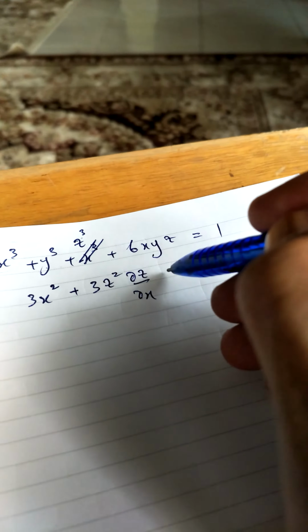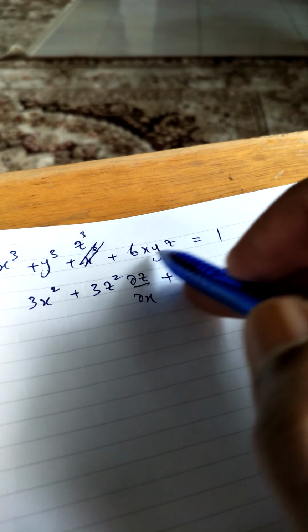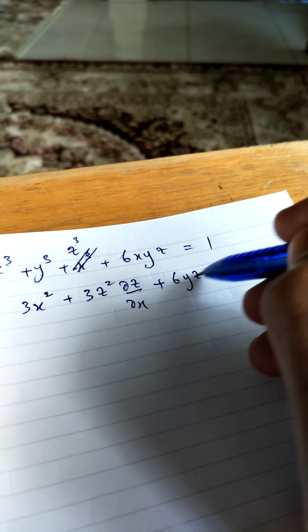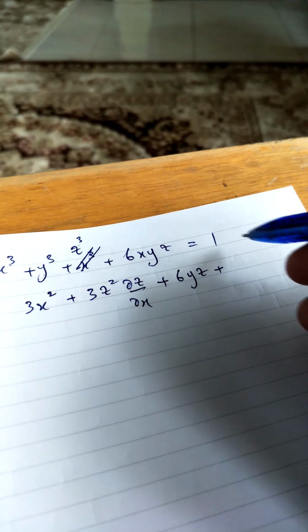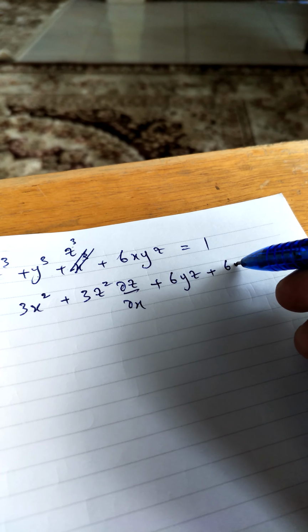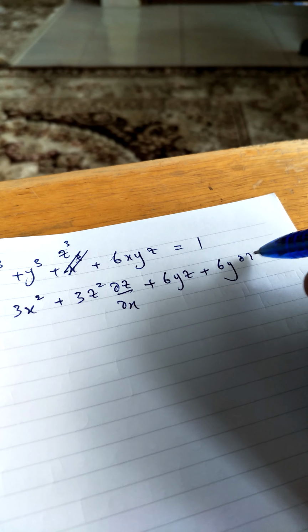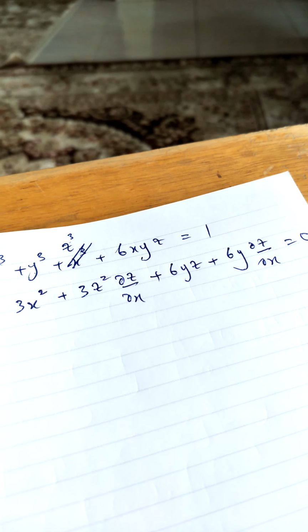Here, use the product rule. So we have 6yz, we differentiate with respect to x, then we differentiate with respect to z, 6xy del z del x. That equals 0.